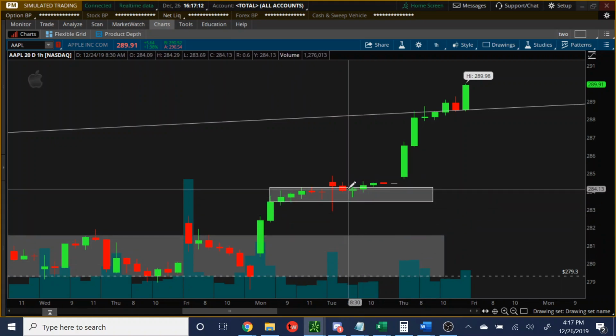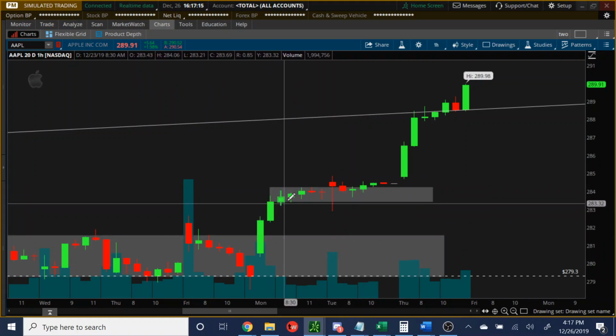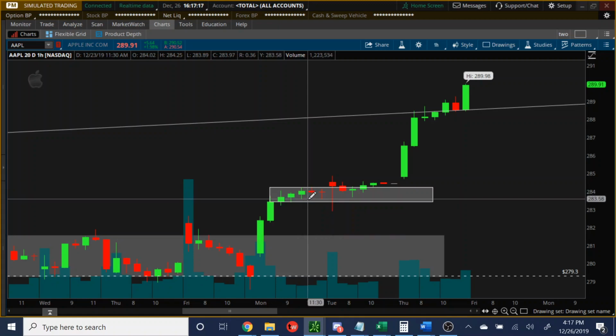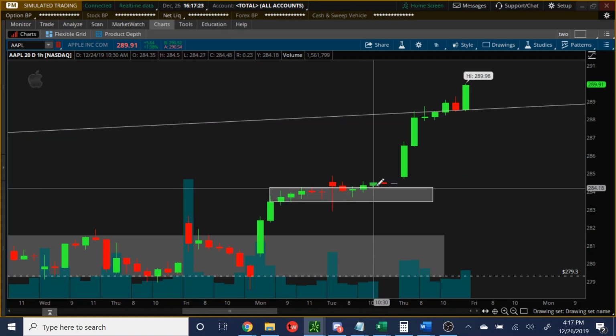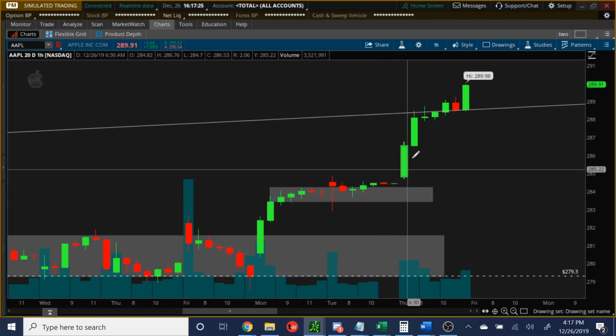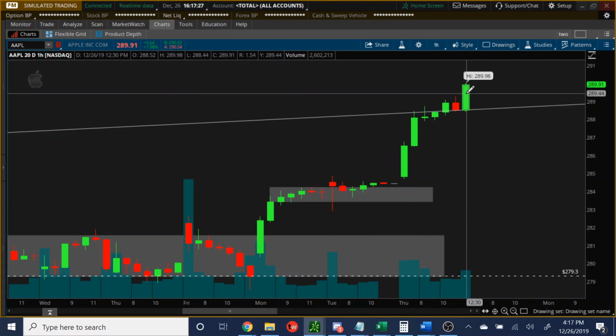And as you can see, I marked the range of when it first came up and found resistance and rejected. We closed above that range, messed around with it for a bit, closed the day above range. Sure enough, here we go. Here's another big rally. Multi-day consolidation leads to multi-day rallies.